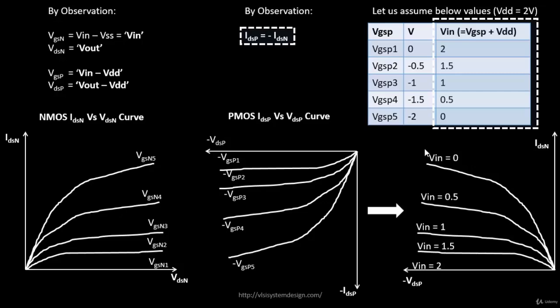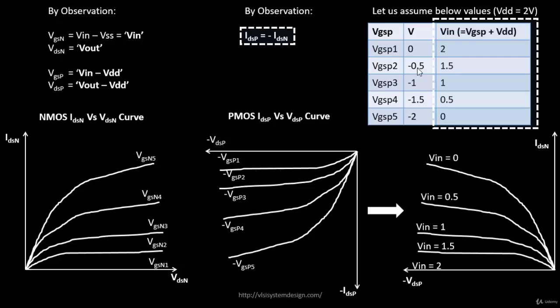Let's look into this particular curve in even more detail, one by one. When negative VGSP was 0, your Vin is 2 volts, and whenever your negative VGSP is 0, your drain current is 0. So over here also you see your drain current is 0, whether it's negative or positive. Next, we move to negative VGSP2, which is this particular curve.